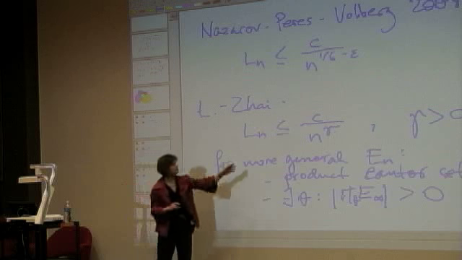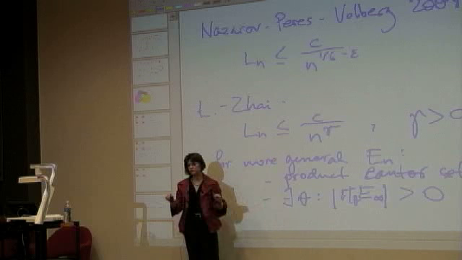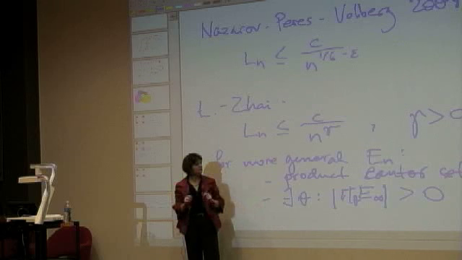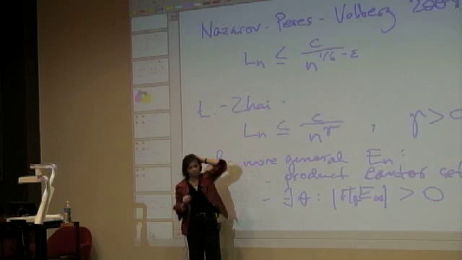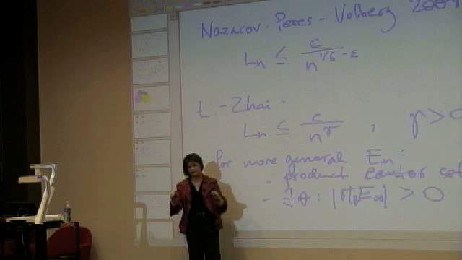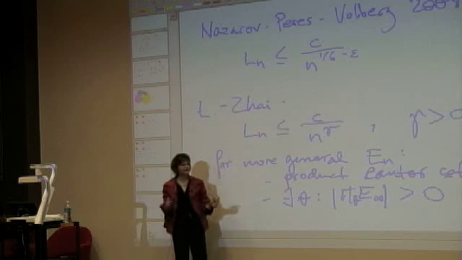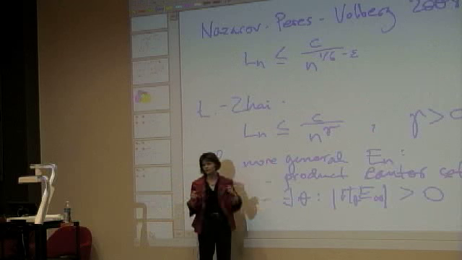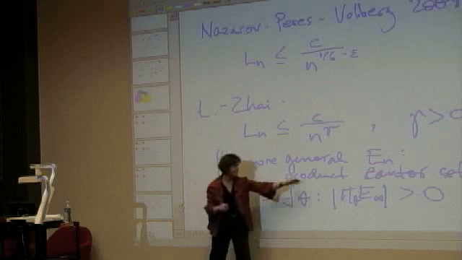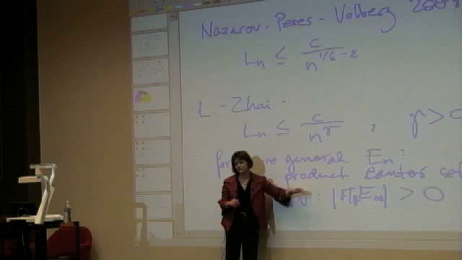They proved a similar estimate for the self-similar triangle. They use, again, methods similar to those of Nazarov-Perez and Volberg, except that the triangle is obviously not a product set. So we expect that we may be able to combine what we do here with what they do and possibly get rid of the assumption that the set has to be a product set.